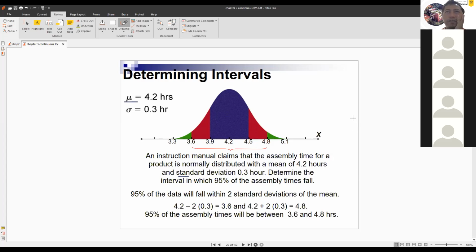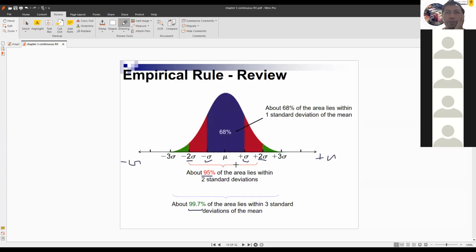95% can be characterized from this behavior. You can see it starts from twice the standard deviation below the mean until twice the standard deviation above.